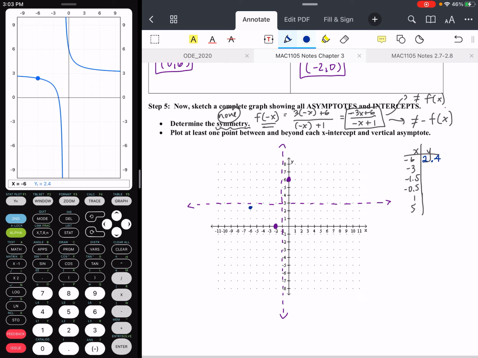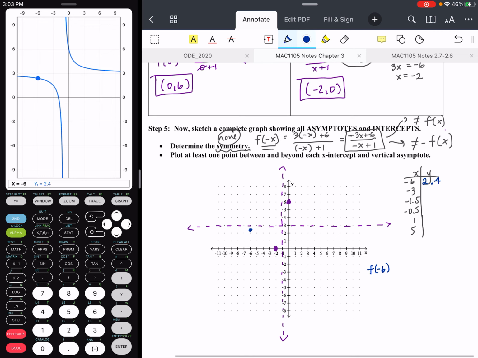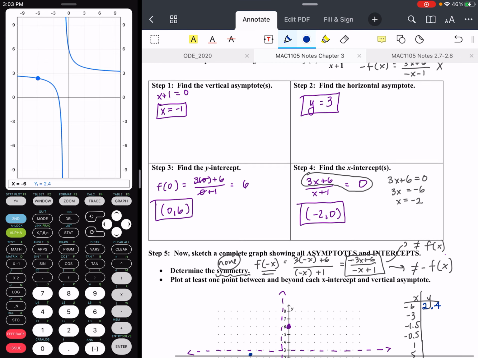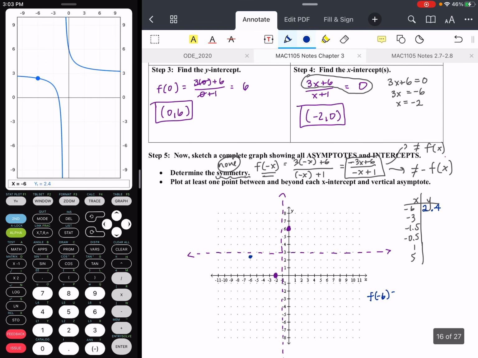For the function value as an exact fraction, f of negative 6, my function is 3x plus 6 over x plus 1. So 3 times negative 6 plus 6 over negative 6 plus 1. So this would be negative 18 plus 6 over negative 5, which gives me negative 12 over negative 5.